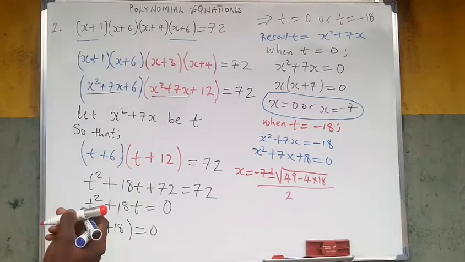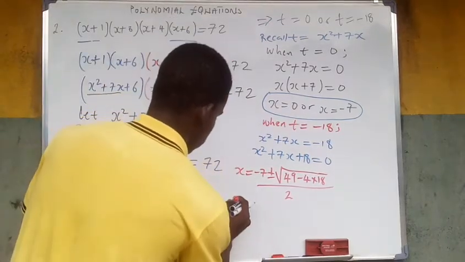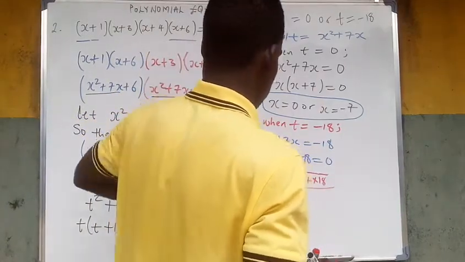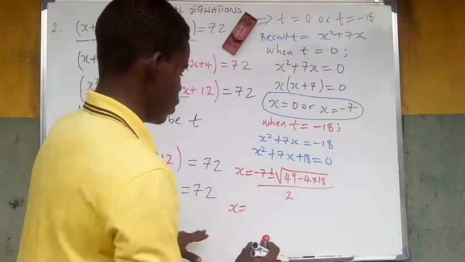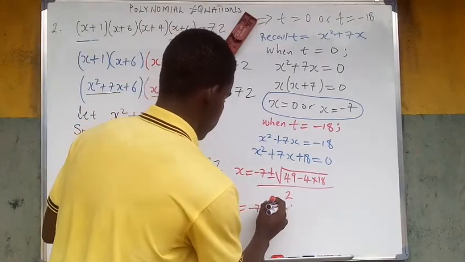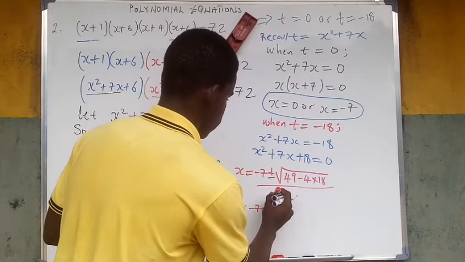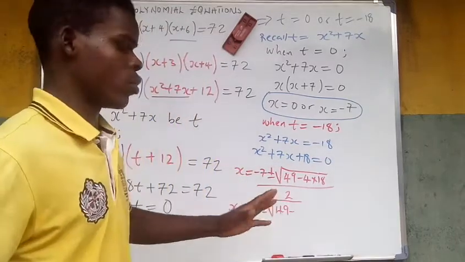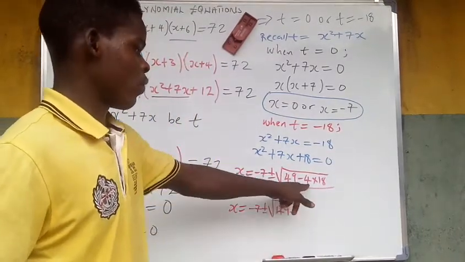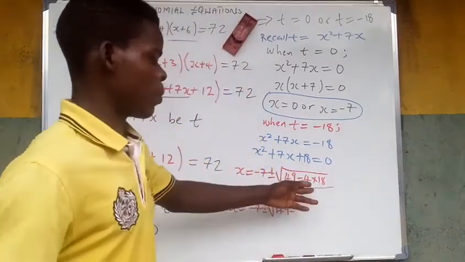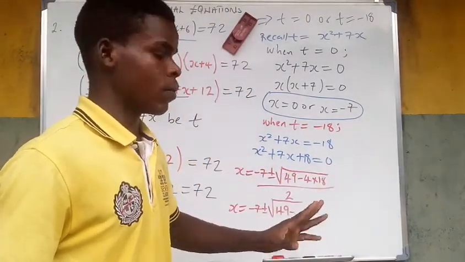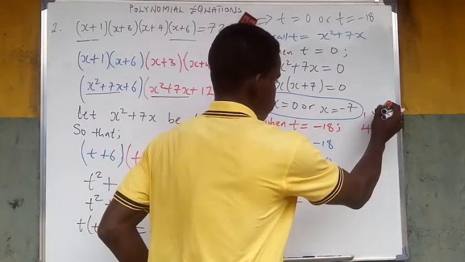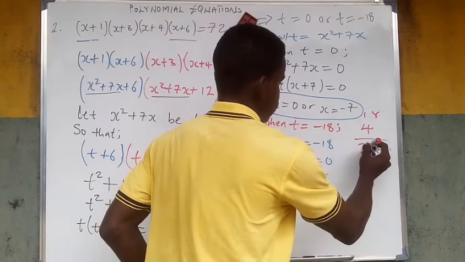Now this should be, x is equal to negative 7 plus or minus the square root of 49 minus, already this will resolve to a complex number. 4 times 18 is 72.